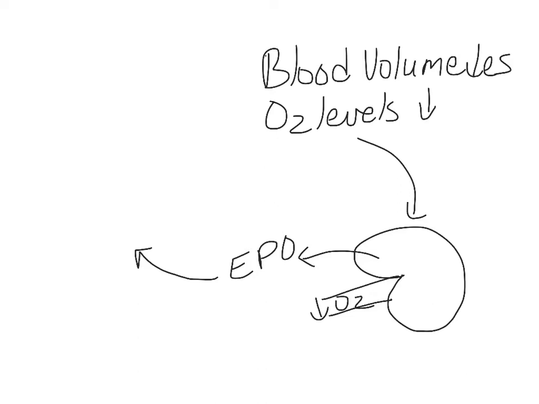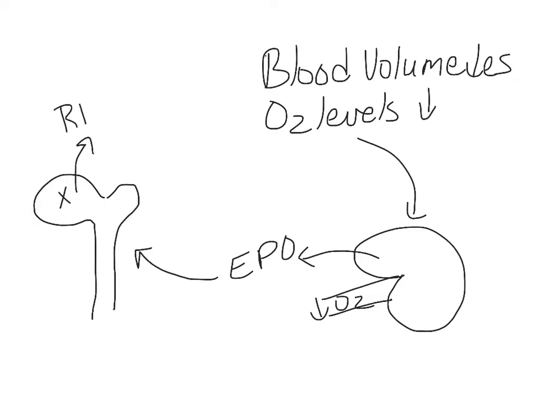If you remember where your red bone marrow is, in a lot of cases it's in the proximal ends of the long bones, or it's in flat bones, like in your skull, in your ribs, in your ilium, places like that. That's where red bone marrow is. And then the red bone marrow is going to release new red blood cells. And then your blood volume will go up again, right?